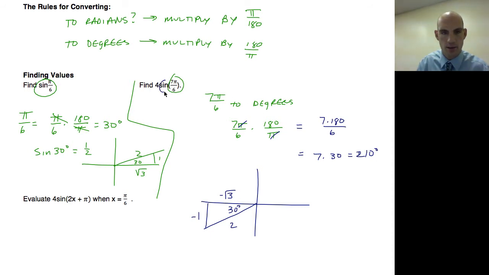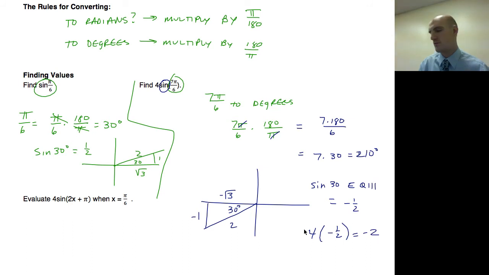Well, I'm talking about the sine, so it's going to be opposite over hypotenuse. Sine of 30 in quadrant 3 equals negative 1/2. And I want 4 times that, which gives me negative 2. That's all there is to it, guys.